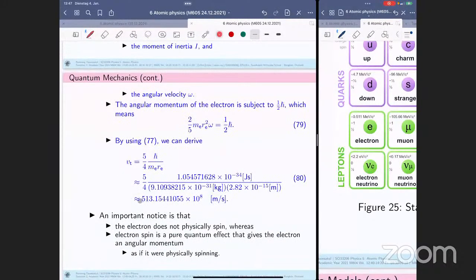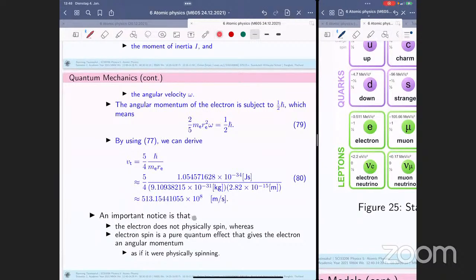The outcome is that the tangential speed at the surface of the electron is 5.15 times 10 to the 8. You can see 10 to the 8 is the same scale as the speed of light. Light or any electromagnetic wave moves at 3 times 10 to the 8. That's the speed of light or any kind of electromagnetic wave.